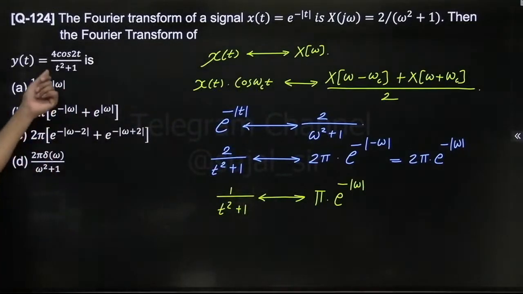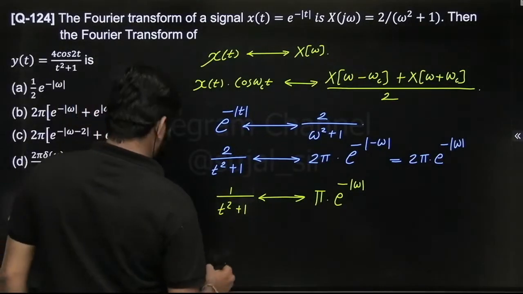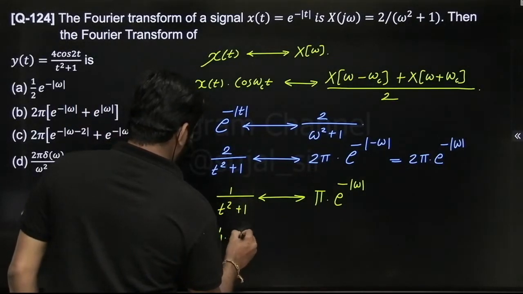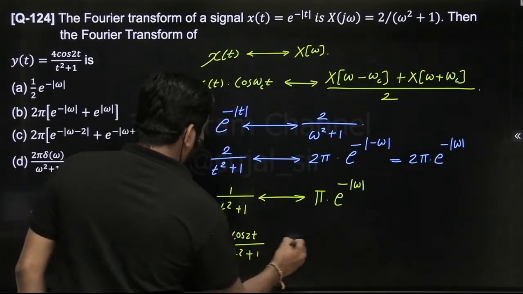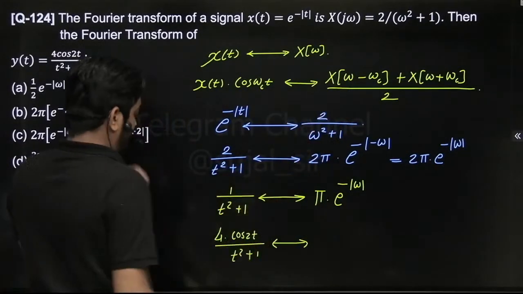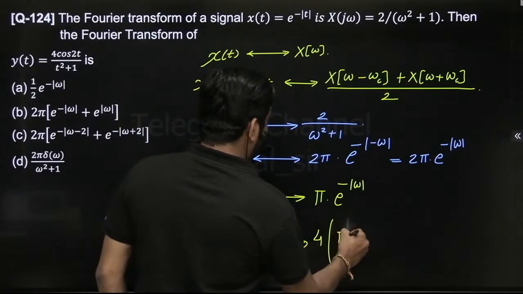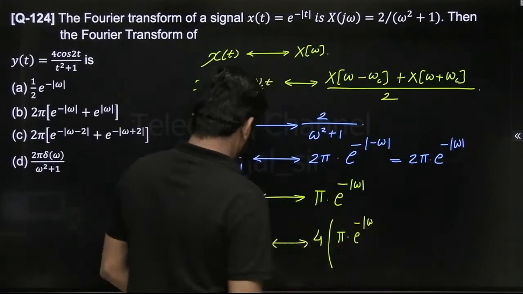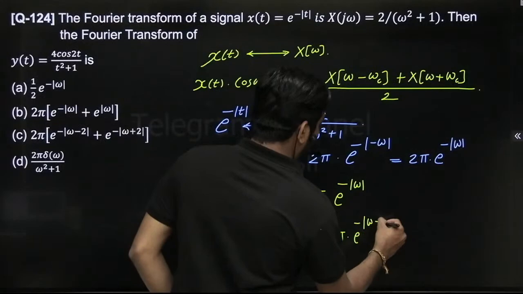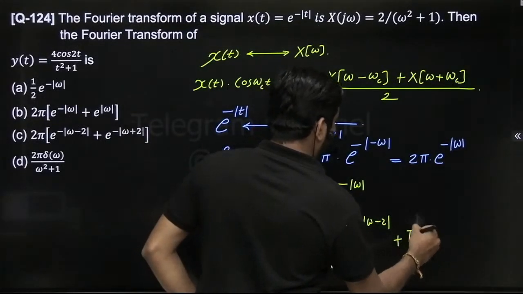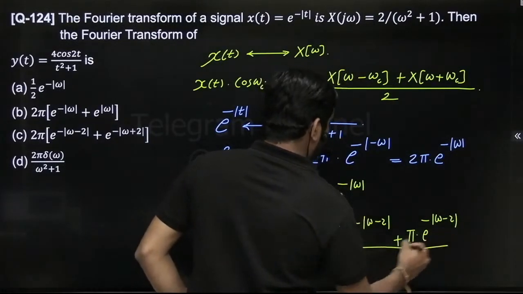Now see here, it is multiplied with cos 2t, 4 cos 2t divided by t square plus 1. So according to this modulation property, its Fourier transform is 4 into pi right shifted by 2, because omega_c equals 2, plus pi left shifted by 2, and the amplitude is decreased by a factor of 2.